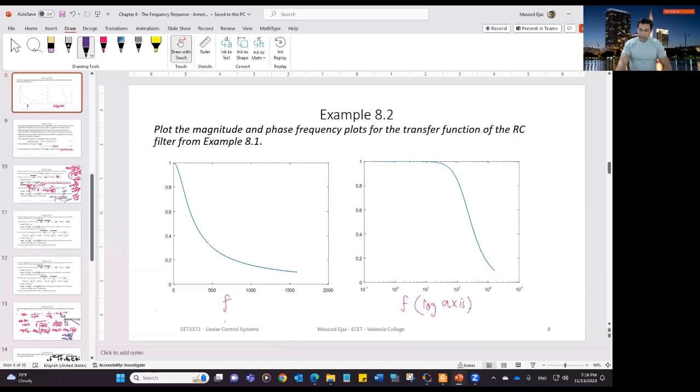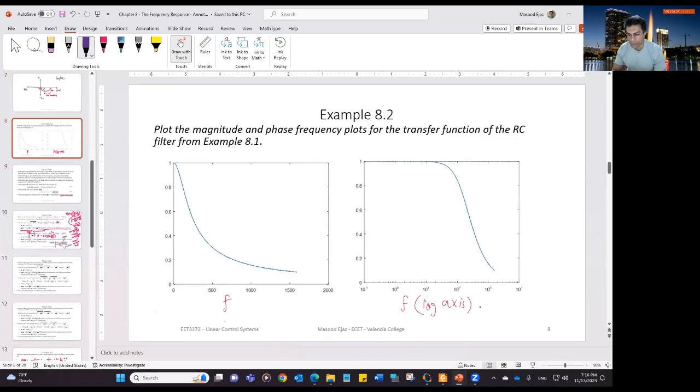And then whatever value we chose for RC, that is going to be your omega 1, or 1 over RC, and that's where the cutoff frequency is.